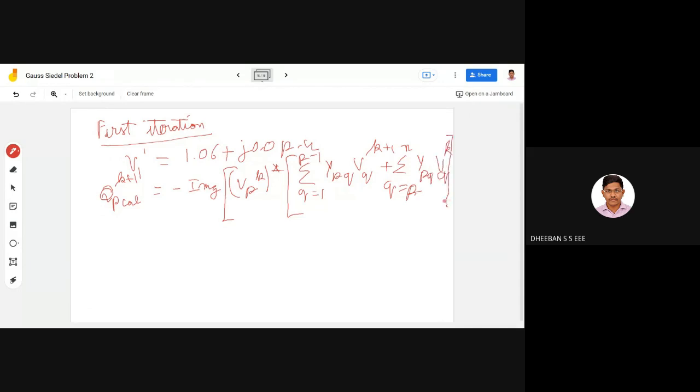As per this equation, we have solved and got your Q value to be 0.1456.